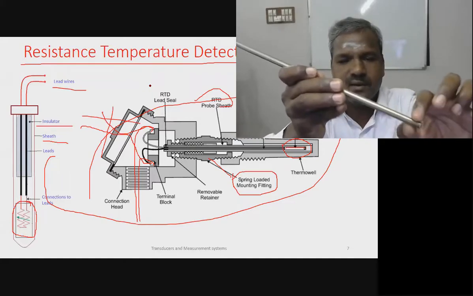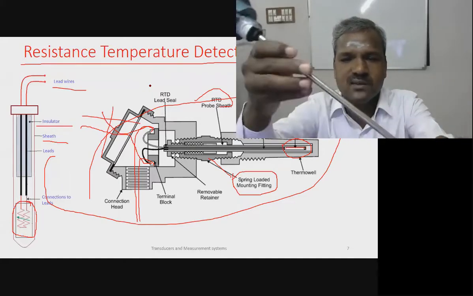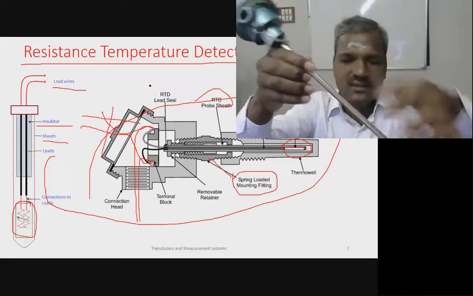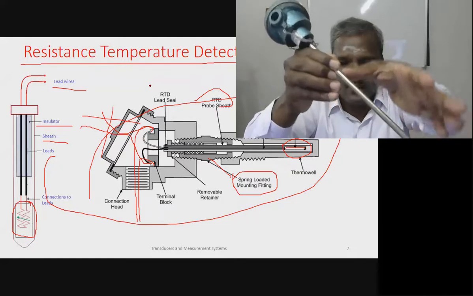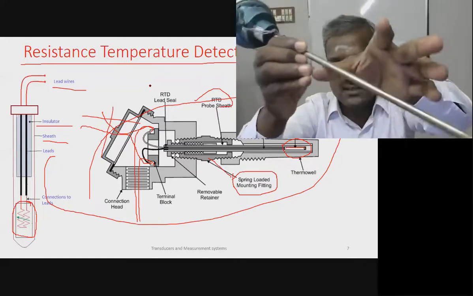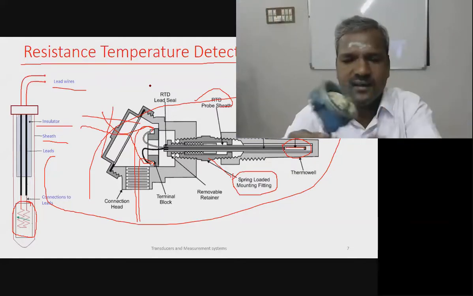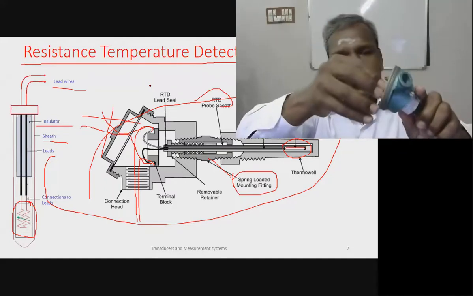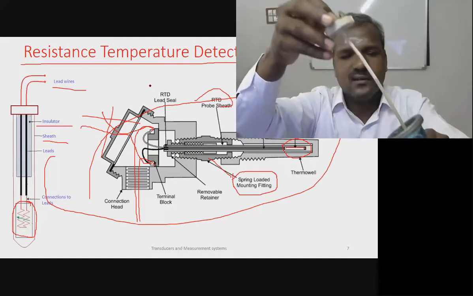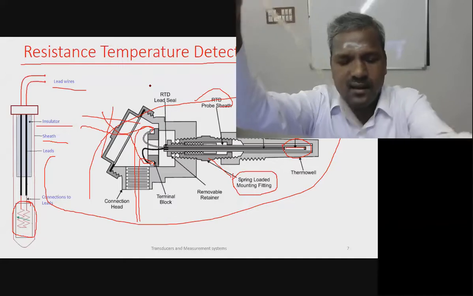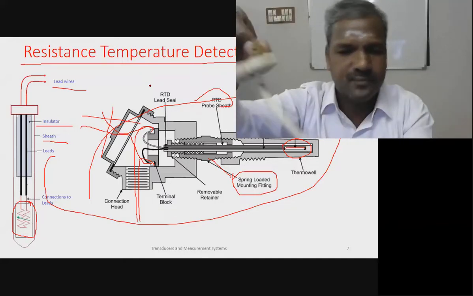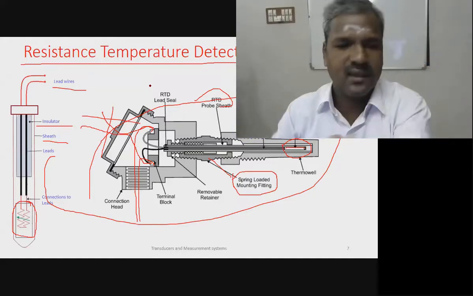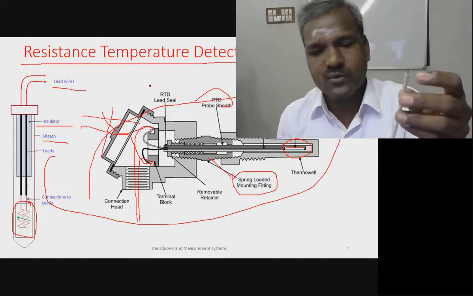We should immerse the RTD into the process at least one third of the sheath. Inside, you can see the insulator along with the support. This is the sensing portion.